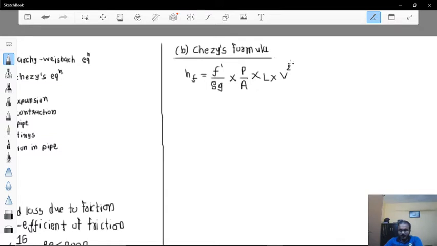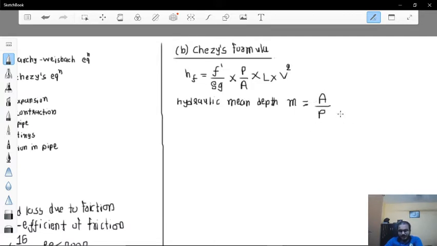So we will define one term here, that is hydraulic mean depth, which is denoted as m, and it is given by cross-sectional area upon perimeter, or area of flow upon wetted perimeter.